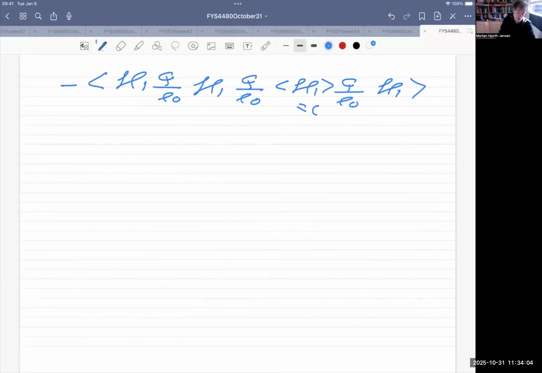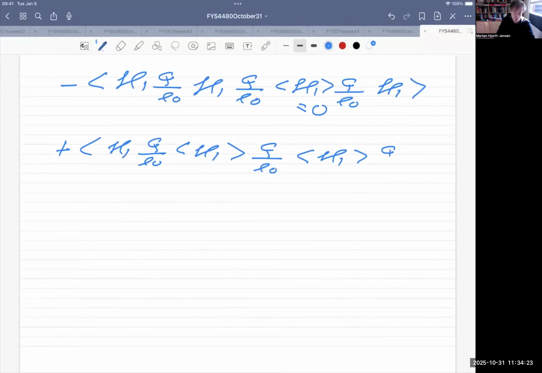So this one is also equal to 0. Then I have a new term which goes like h_I, and then a q E0, h_I in here, a q of E0, and then an h_I multiplied with a q E0 times h_I. This is equal to 0, and this is equal to 0.